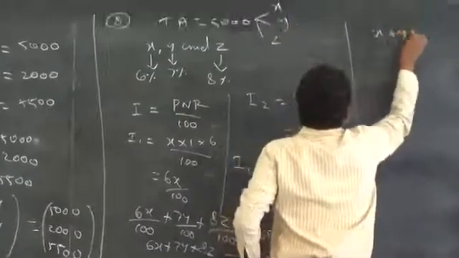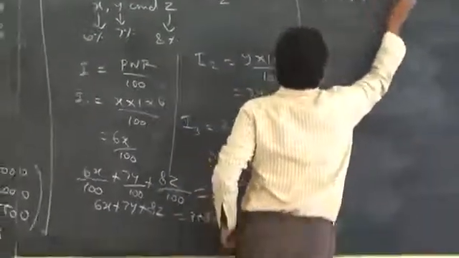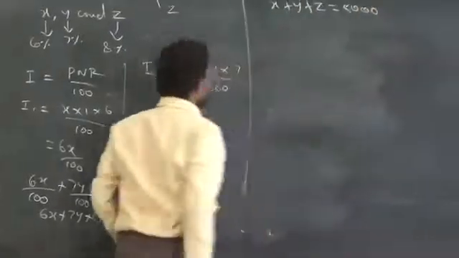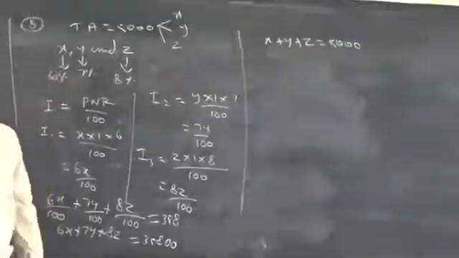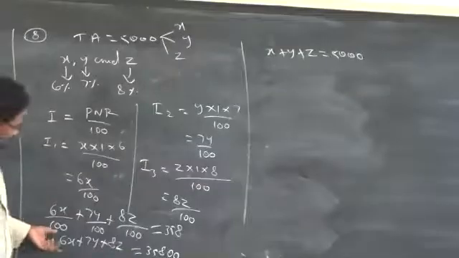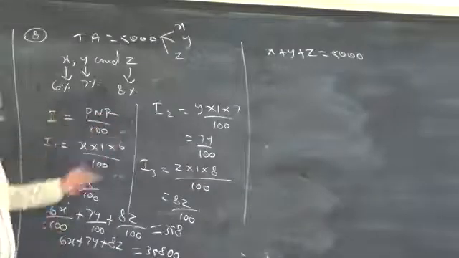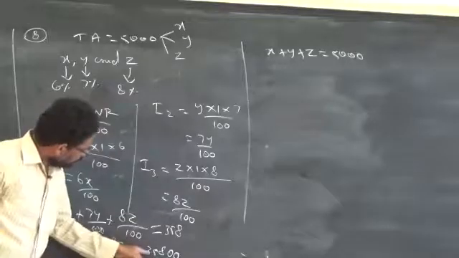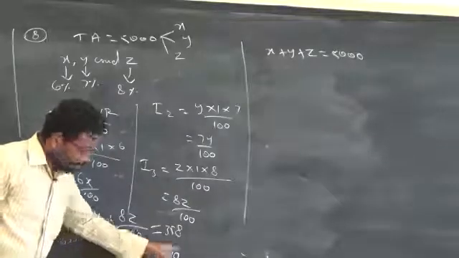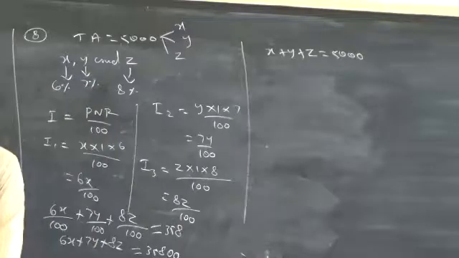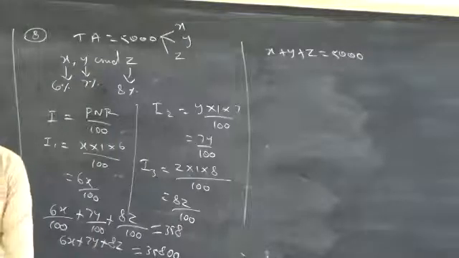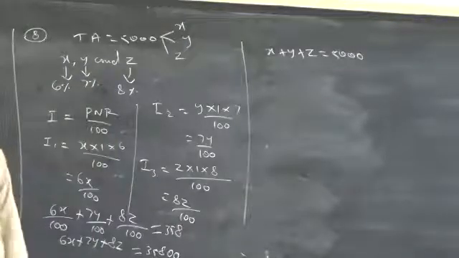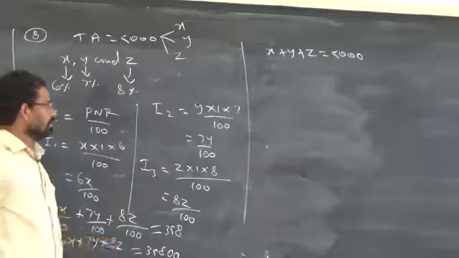So the total amount x plus y plus z is equal to 5,000. And the total annual income of these 3 investments, 6x plus 7y plus 8z, is equal to 35,800.